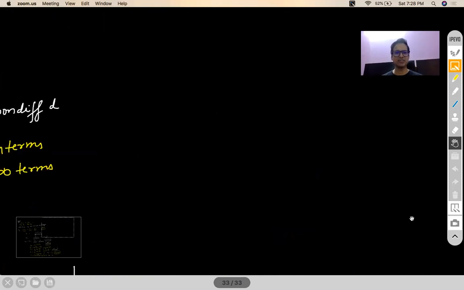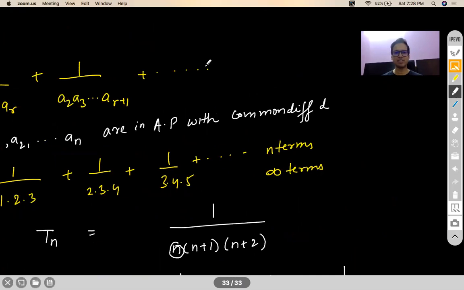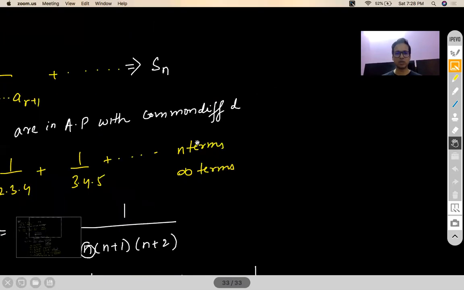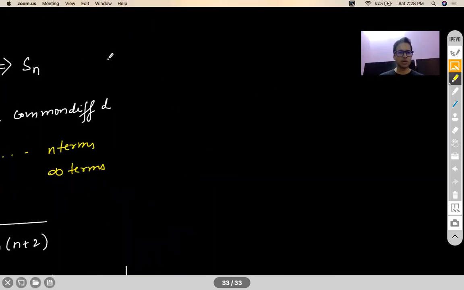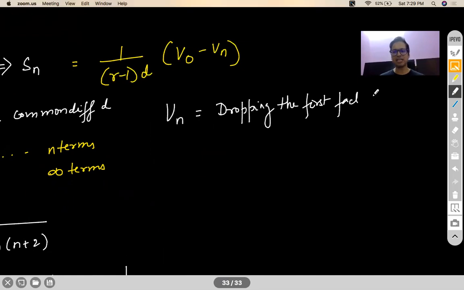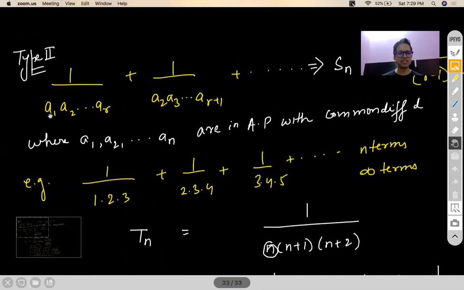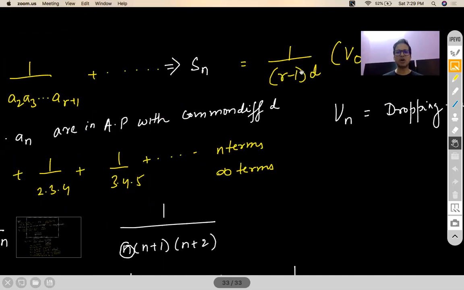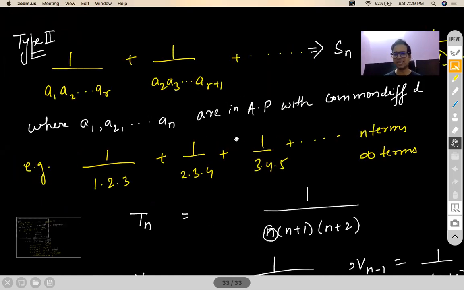So the shortcut is, if you have this kind of a question, your sum till n terms will be, note down, 1 by r minus 1 d times V0 minus Vn. Again, you know how to formulate Vn. Vn is obtained by dropping the first factor. Okay. R is the number of terms that you have in this, and D is the common difference that is there in this particular AP.